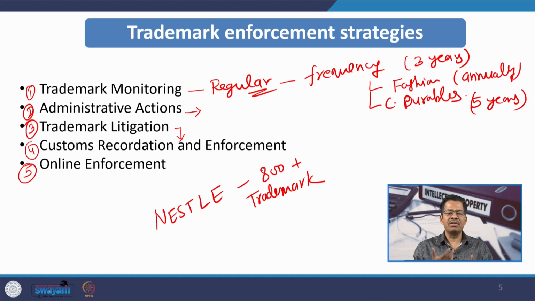So, because of this digital world, a lot of online challenges are also coming up, and I anticipate that these challenges will continue to grow in the near future. So, all these are important parts of our trademark enforcement strategies.